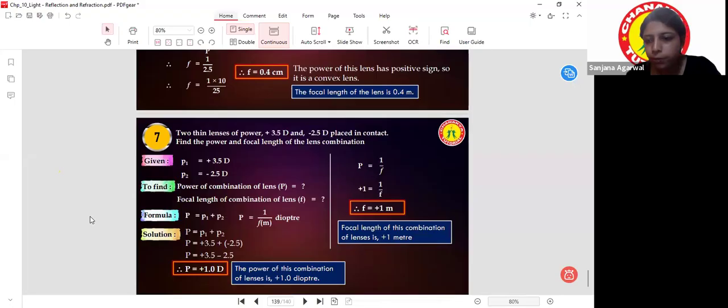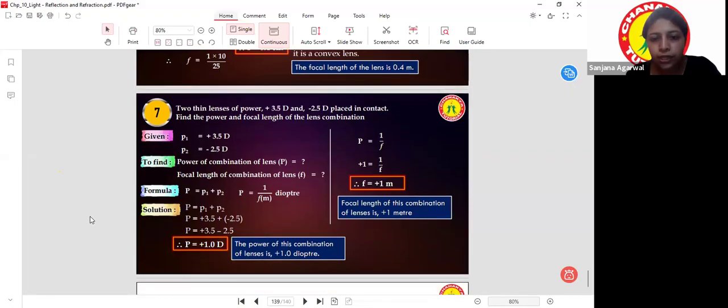Let us solve one question based on power of lens. Two thin lenses of power P1 plus 3.5 diopter, and P2 minus 2.5 diopter, placed in contact. Find the power and focal length of the lens combination.